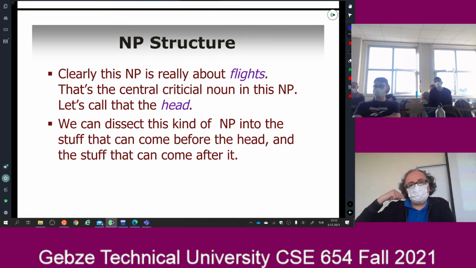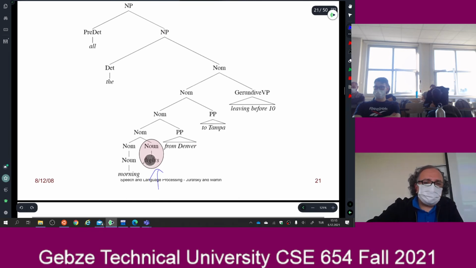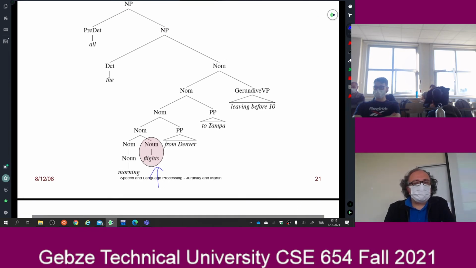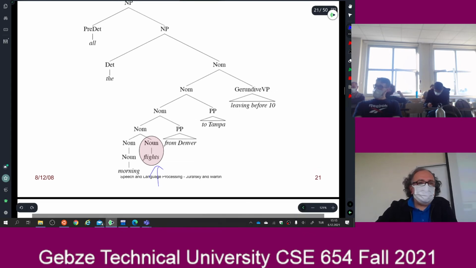That's the verb. So the verb is the head of the whole sentence, but for this noun phrase structure, the head is this flight. For this prepositional phrase, the head is Denver. For this gerundive VP, the head is leaving.